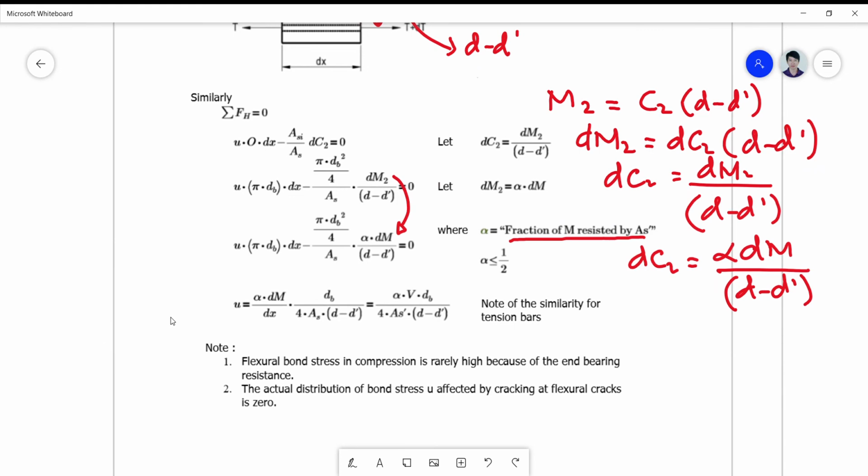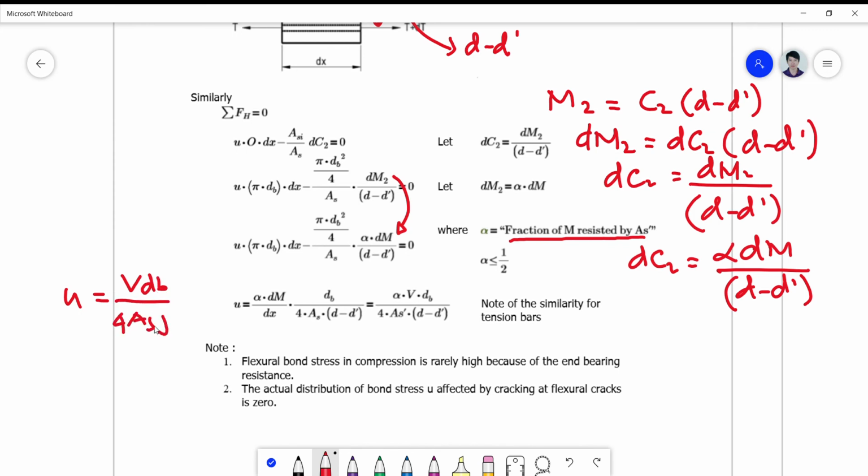If you take a look at the formula above, on the tension, the only difference is this alpha, and this is JD. For tension, U becomes πdB over 4 AS JD.